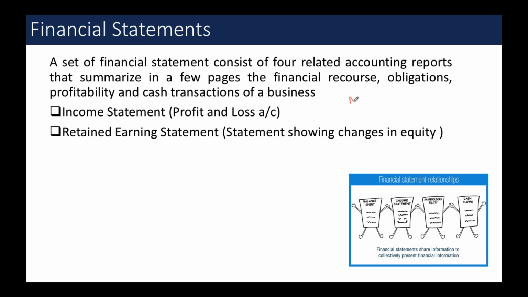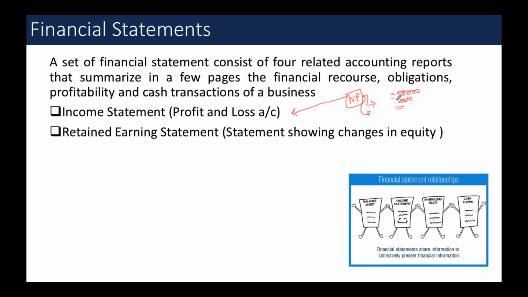Not only the distribution of net profit received from the profit and loss account, how much profit we distributed, how much profit we retained in the business. Not only this, there is a change in the share capital as well. Say, for example, we had 50,000 shares in the beginning and we recently issued 20,000 shares. So there is a change in the share capital as well.